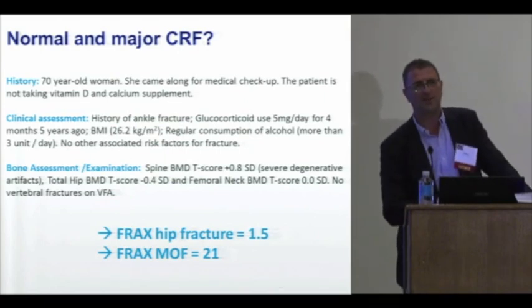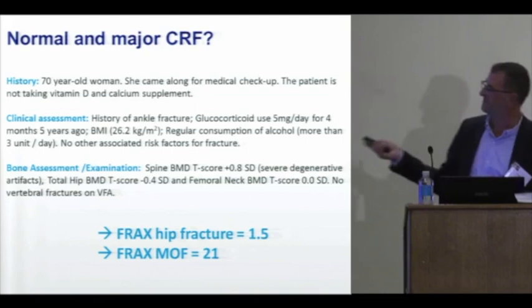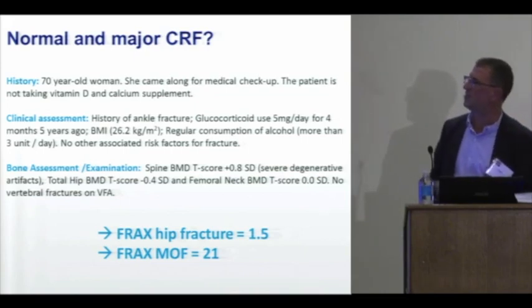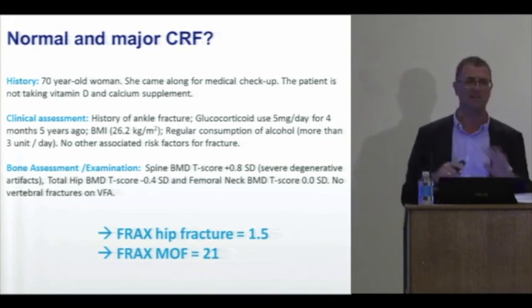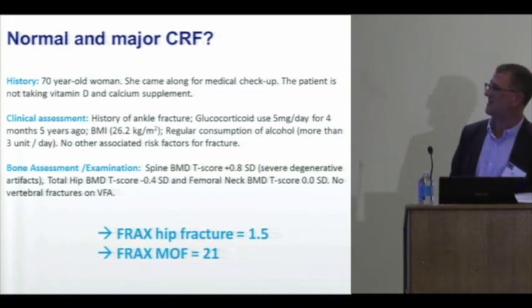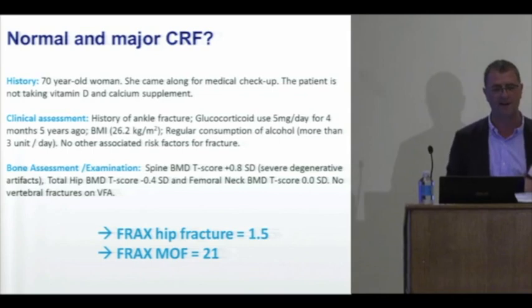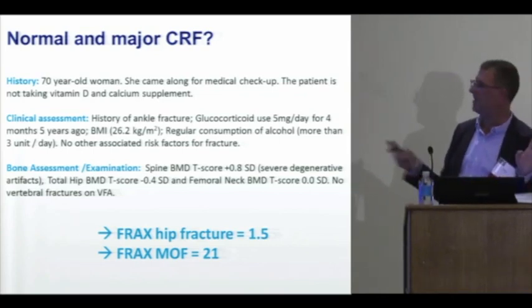I just pulled out a very simple case, without too many factors. It's a 70-year-old woman. She came along for a medical checkup, and the patient is not taking vitamin D or calcium whatsoever. On clinical assessment, she had a history of ankle fracture and glucocorticoid use, 5 milligrams per day, but just for 5 months, 5 years ago, and stopped, nothing else in her life.